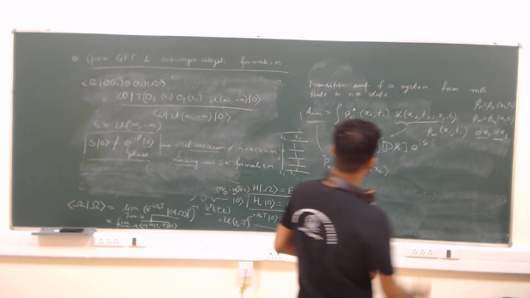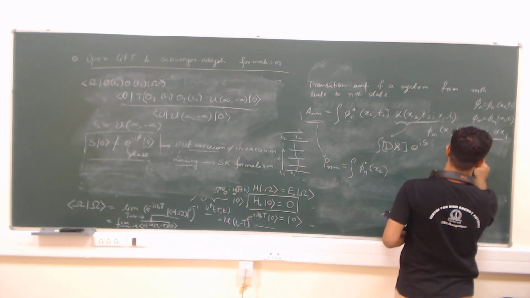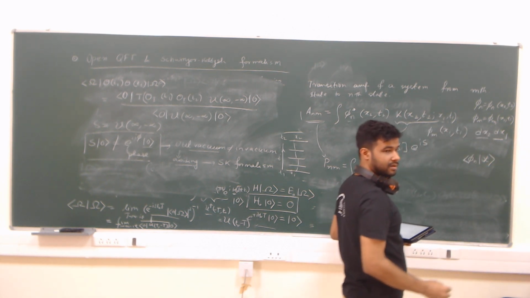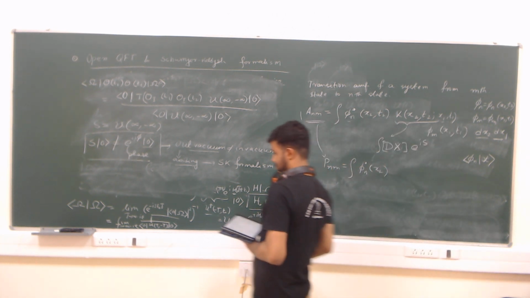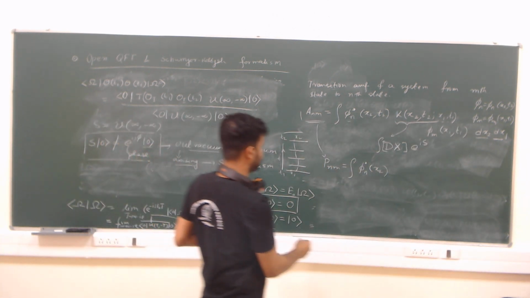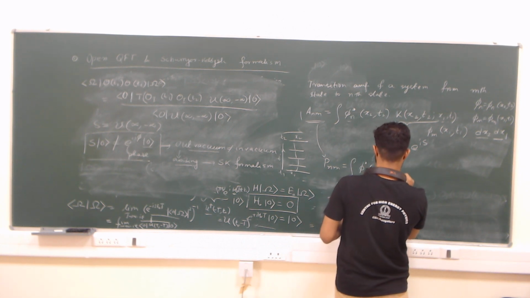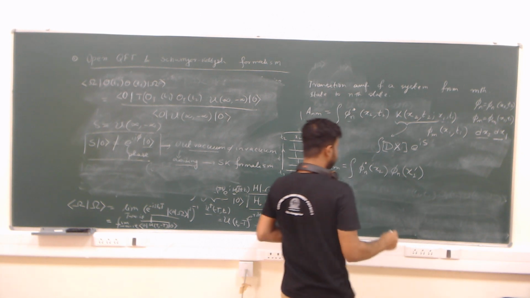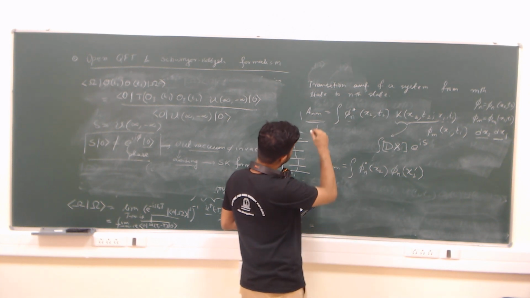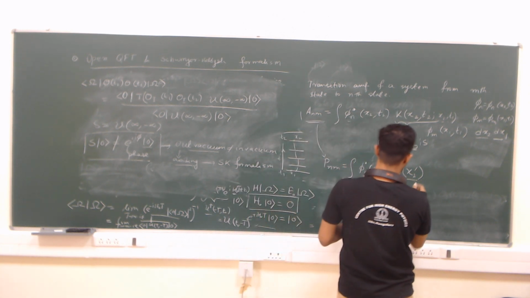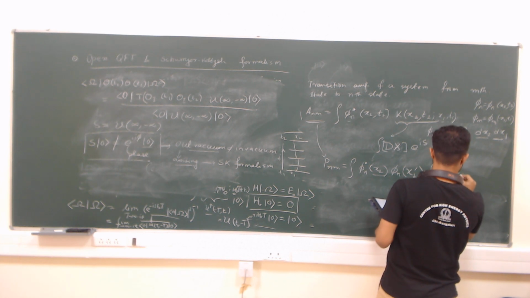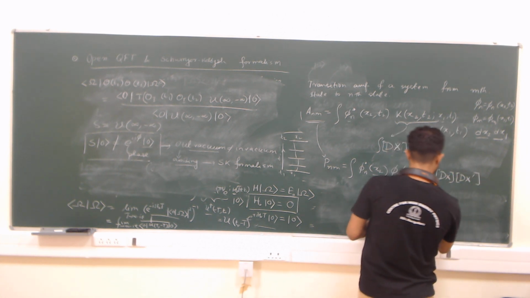We introduce a primed index because we'll have to take two such things, A and A star, and for those we'll have to find parameters with this prime. So here I have dx and dx prime.